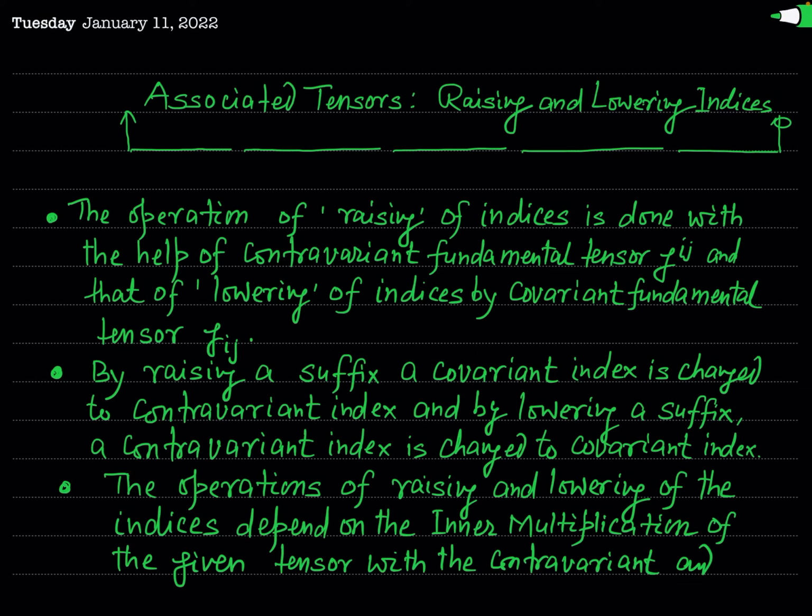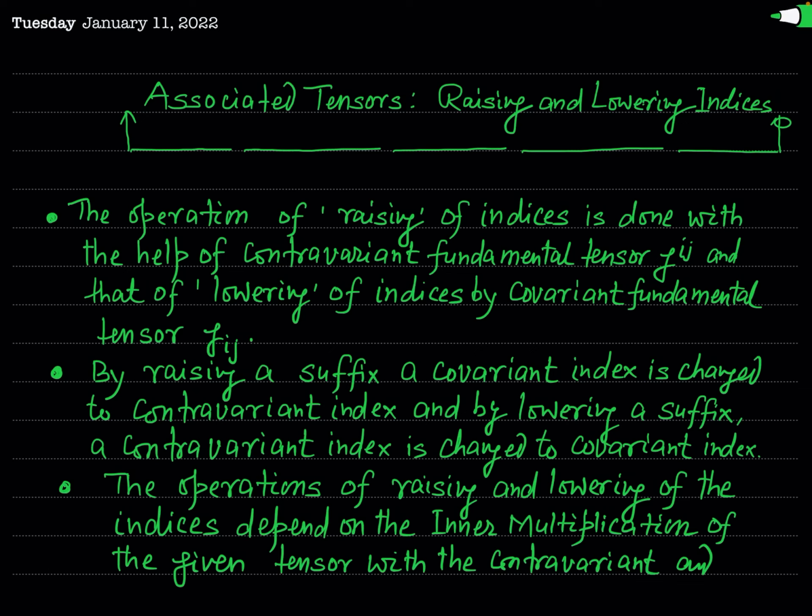In the first part, we will see how the associated tensors are obtained by the process of raising and lowering of indices. Then we will see a very important fact, that the two processes, raising and lowering of indices, are actually reciprocal to each other. We will also see the proof of this very important statement.